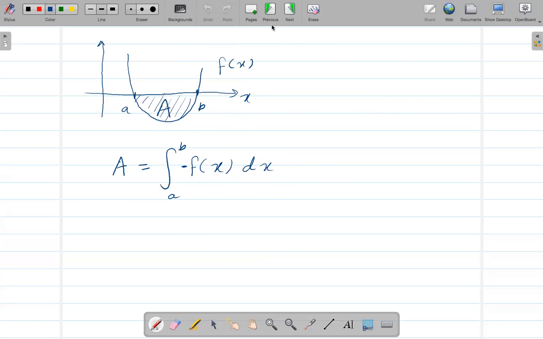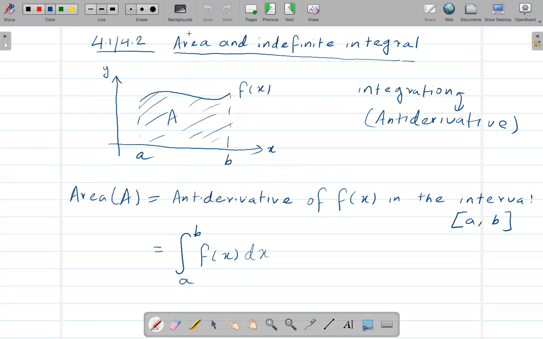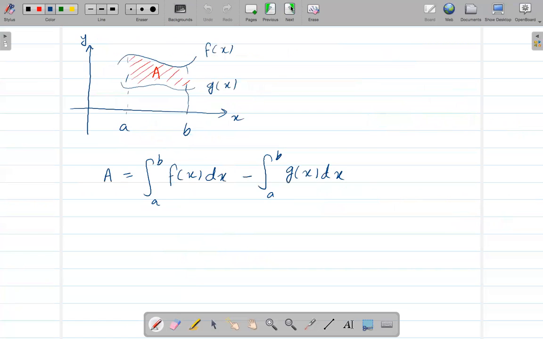All right, so if you see here, I said area and indefinite integral, right? I'm sorry, I was trying to say definite, not indefinite, because indefinite integral I will be doing later on. This one is going to be a definite integral.